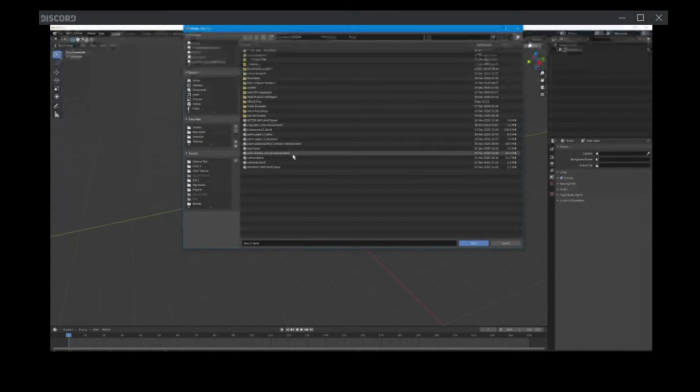And as you can see, it's extremely organized. I keep everything super organized here.